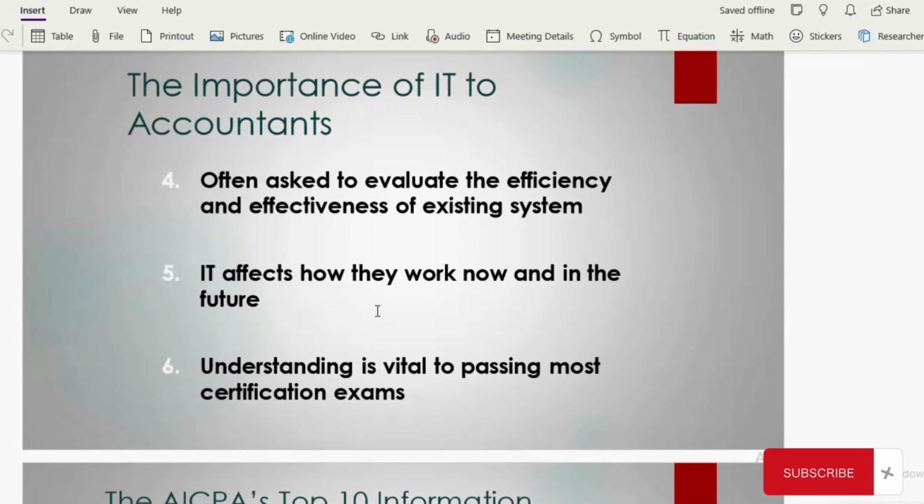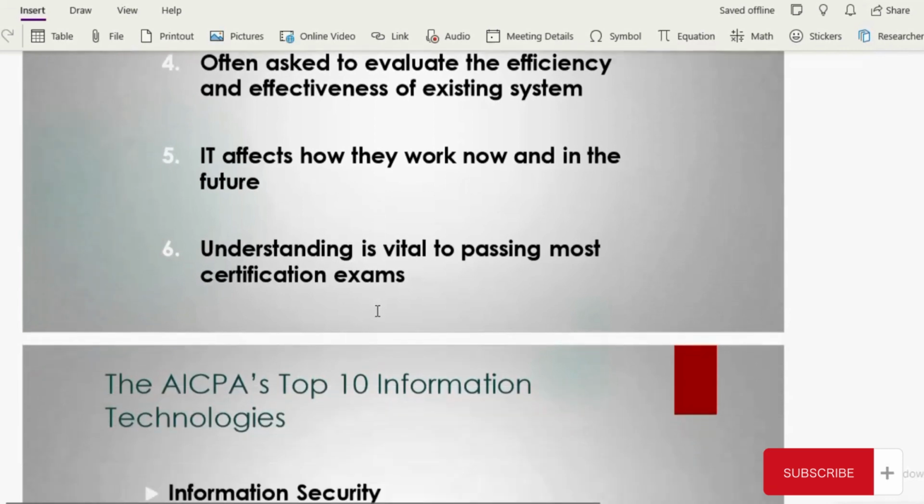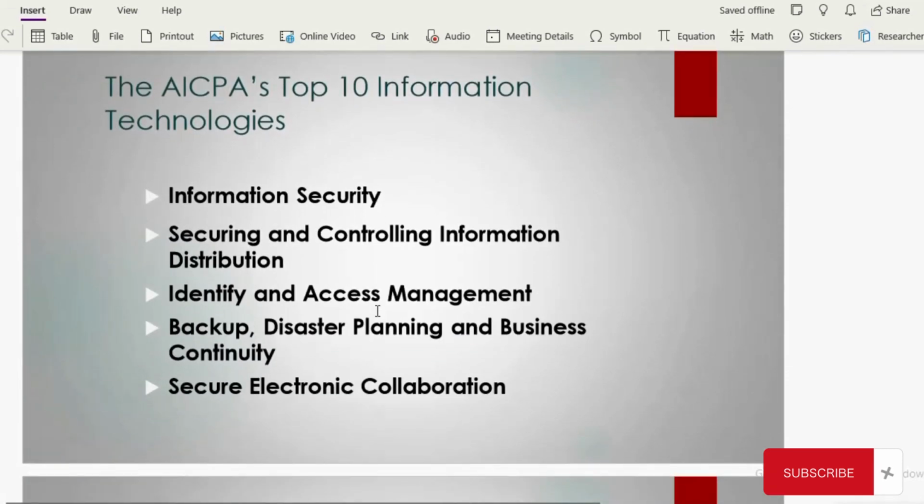Because all major certifications of accounting, or you can say professional qualifications of accounting, need some competency of the candidates from the IT side as well. So understanding these systems is very important, because if they understand the systems well, it will be a good thing for them to qualify the certifications or the exams for accounting.